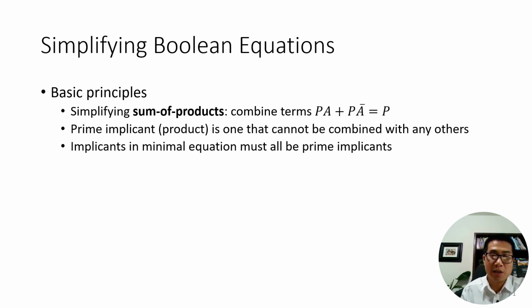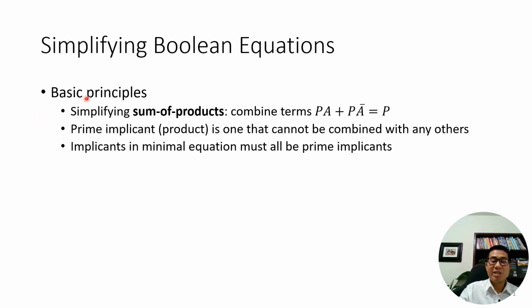So last time we learned Boolean algebra with 5 axioms and 12 theorems that can be used to simplify Boolean equations. This time we'll learn how to apply them. What are the principles for using them to simplify a Boolean equation?